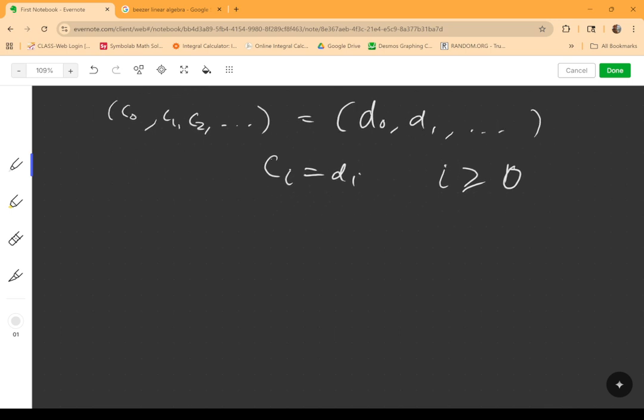One last kind of vector space is the vector space of functions. We have some function f from our domain x to the real numbers, since we're just worried about real-valued functions here.